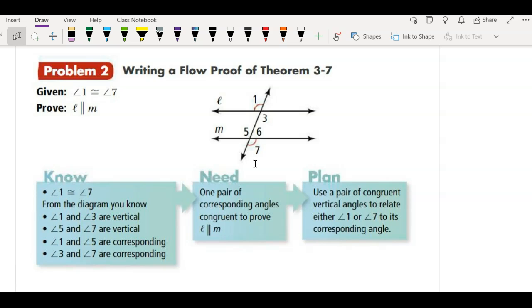So what do we need? We need one pair of corresponding angles to prove that lines L and M are parallel.